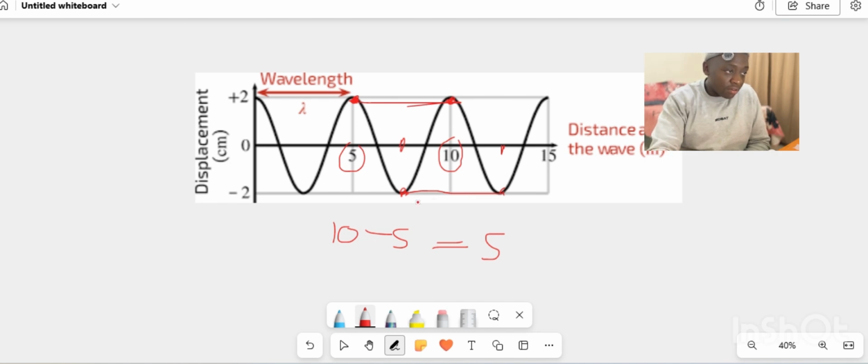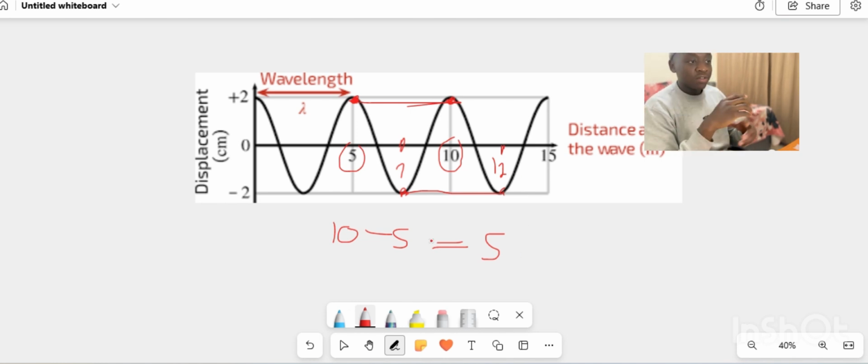For example, let's say they give us 7 here and they give us 12 here, because obviously they must equal the wavelength of 5. So 12 minus 7 equals 5. So the wavelength is consistent for all of this wave. It is always consistent. So that is the wavelength.